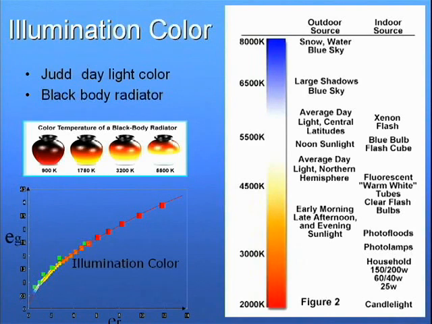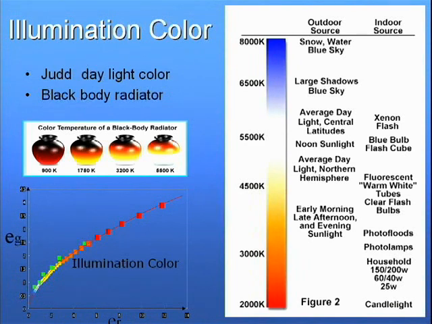Along this Planck locus, a variety of illumination can be modeled, such as snow, water, blue sky, large shadow, average daylight, noon sunlight, early morning, and candlelight. Meaning, outdoor illumination can be modeled as black body radiation colors, the Planck locus.